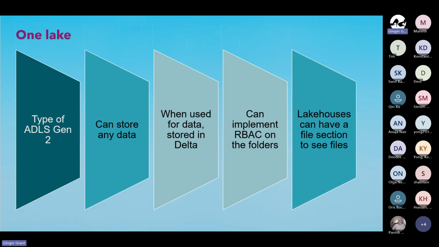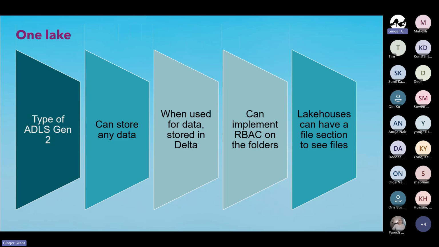It can store anything. You've got audio, images, whatever you have, go ahead and throw it inside of OneLake. When you store data, it stores it in Delta format, which is a compressed Parquet format, which allows you to add more data onto your OneLake drive, because you only get one of those for your entire Fabric tenant.